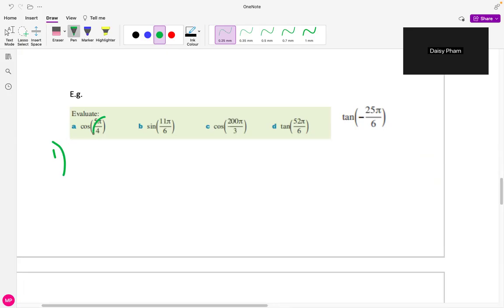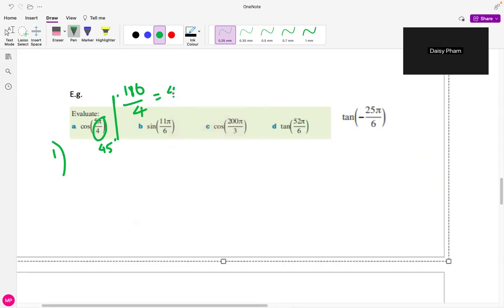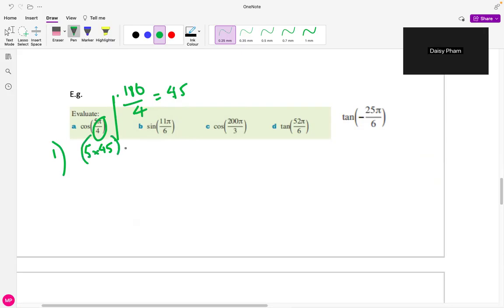Our first step is that pi over 4 is 45 degrees, right? Because 180 is pi, divided by 4 gives you 45 degrees. Now, because you times by 5, 45 times 5 is 225. So we're looking for cos of 225.